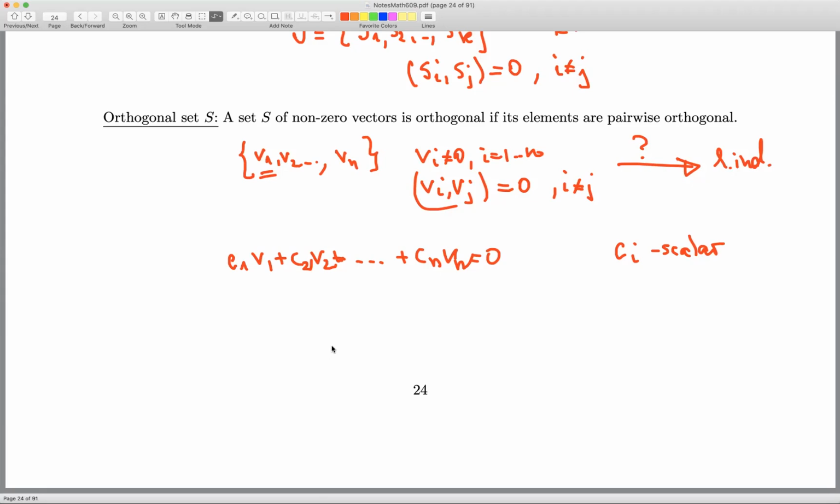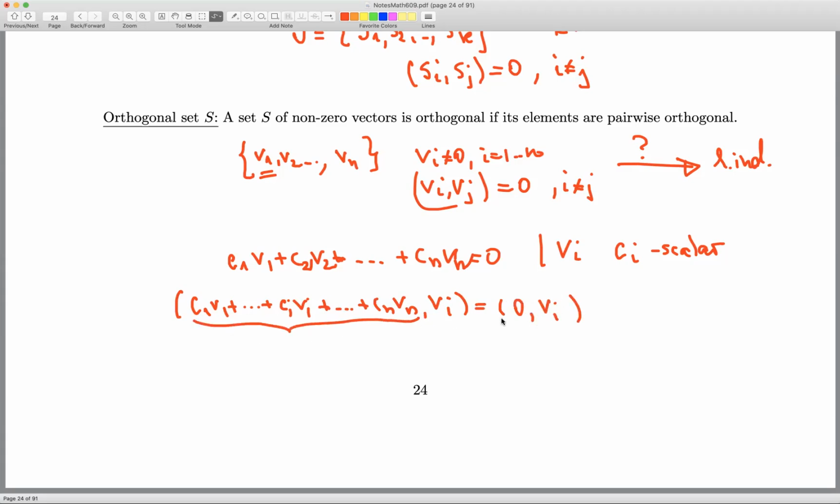And how do we do that? We look at this equation and we multiply both sides of the equation scalarly by the vector Vi. So what does that mean? We take C1V1 plus and so on plus CiVi plus and so on plus CnVn, inner product with Vi, is equal to 0 inner product with Vi, because this element here is equal to 0.